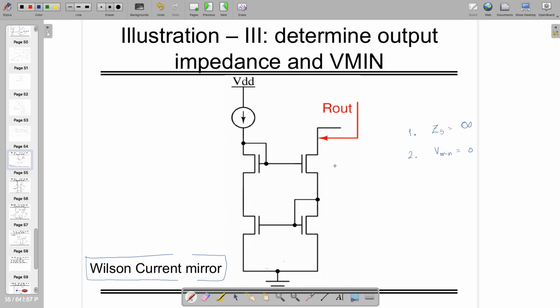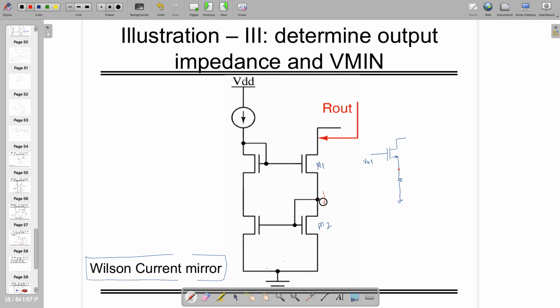So looking from here, the source impedance or resistance Riout, if this is M1 and this is M2, this is a cascode connection and it's equivalent to this particular configuration.